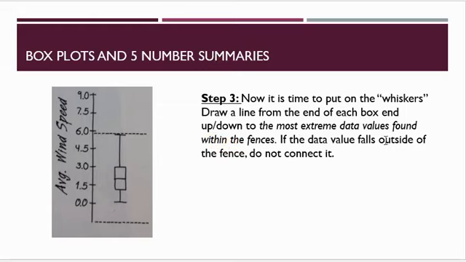If the data value falls outside of the fence, do not connect it. So your minimum was 0.02, so that's above your lower fence, that's fine. Your maximum was 8.67, so that would be above your upper fence, so you only go up to the fence line.